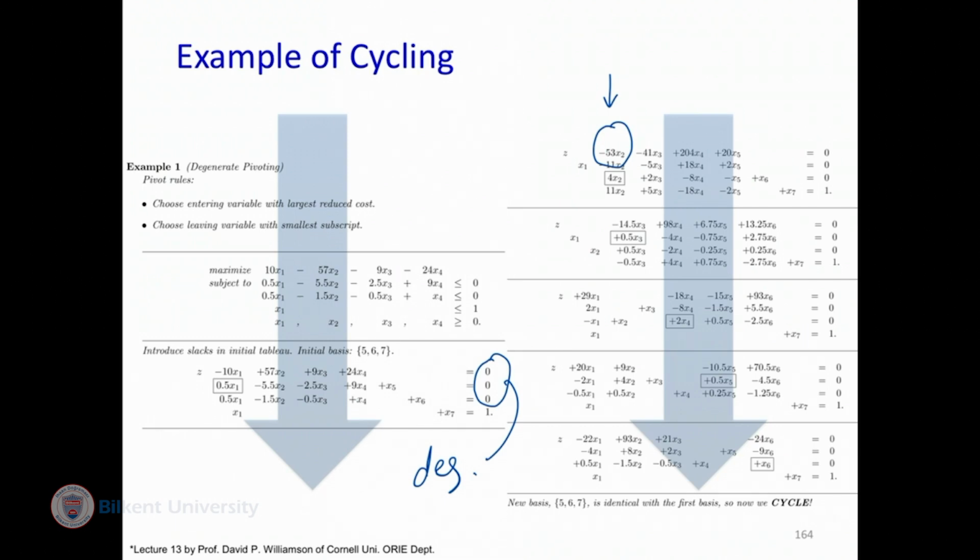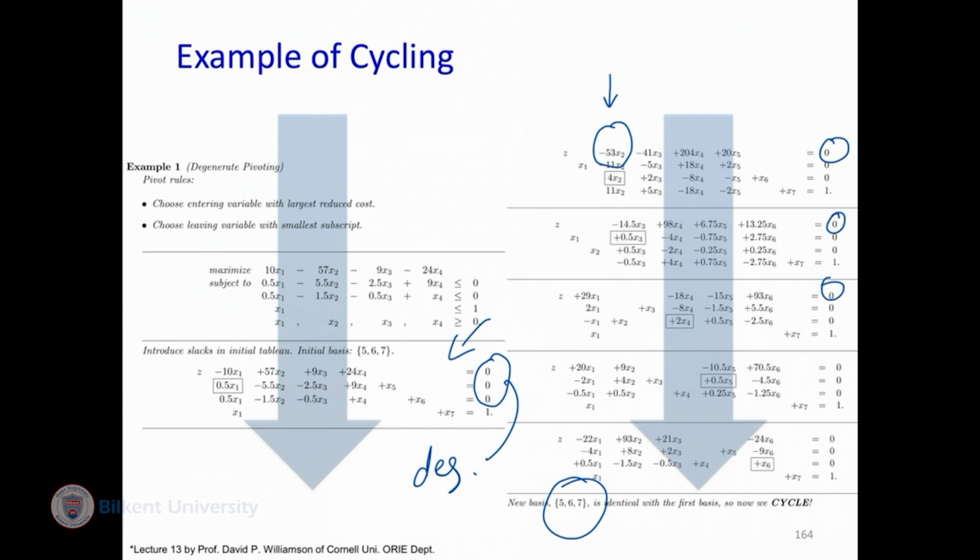You do a sequence of steps, entering and leaving variables, and then in the end, you will end up with 5, 6, and 7 as your basic variables, and they were your starting basic variables as well. So you follow through a sequence of simplex iterations, no improvement, the objective stays the same, 0 throughout, and you come back to the same point.